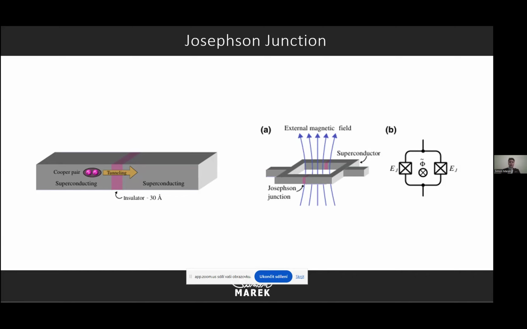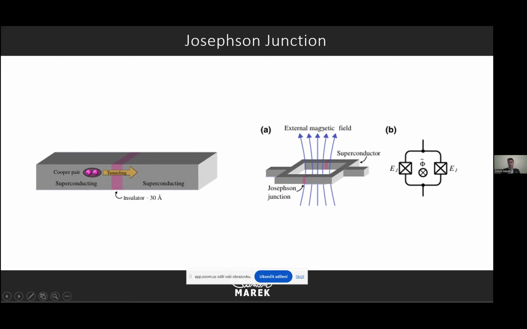And there is small insulating layer, which is here, and this is an insulator. And you have copper pairs, which are electrons which are paired together and they are close together, and they become superconducting, and they can move with zero resistance.